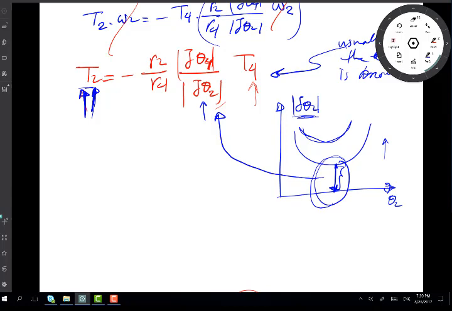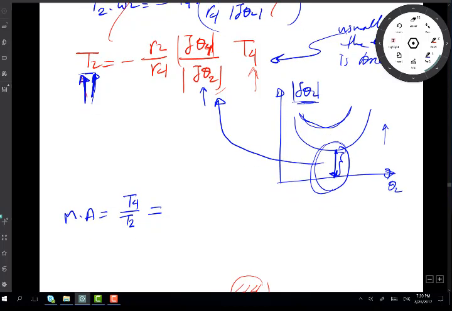Also, if you remember, we spoke earlier, possibly in lecture 2 or 3, about the mechanical advantage, which is equal to T4 over T2, and normally you would like T4 to be greater than T2. So you put some T2 and it is magnified to T4 at the other end. To write an expression for mechanical advantage, go back to this equation and arrange it, and you'll have minus R4 over R2 times J theta 2 over J theta 4.